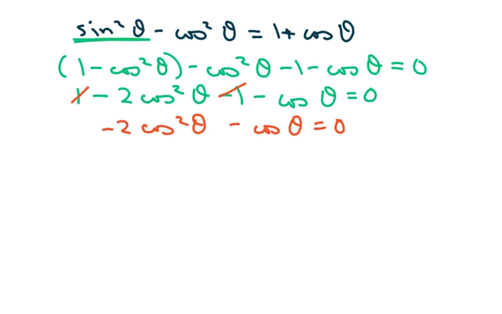To make this easier, I can just negate this whole thing because we have a 0 here, and I'm going to get 2 cosine squared of theta plus cosine of theta equals 0. You don't have to, but it's a little easier.